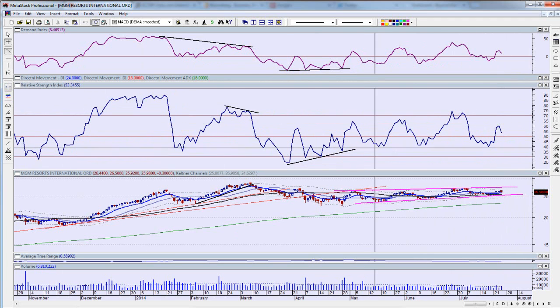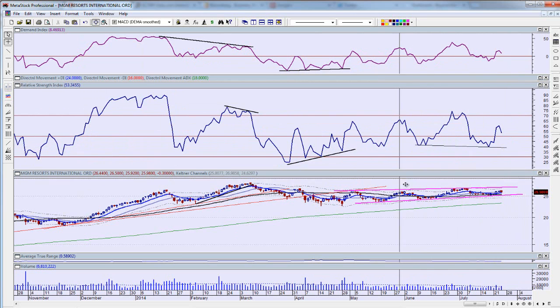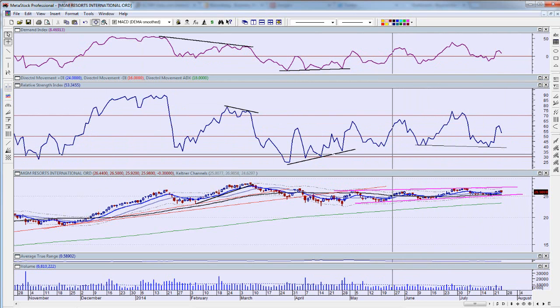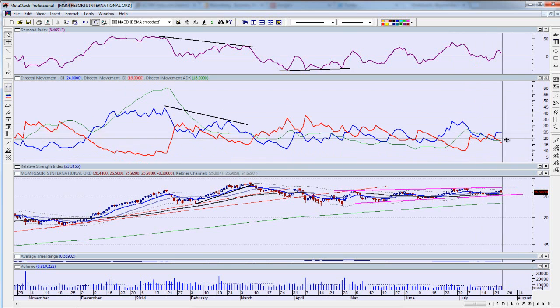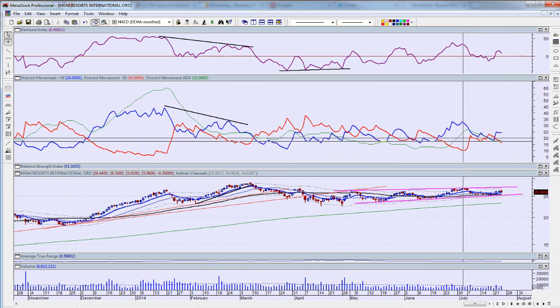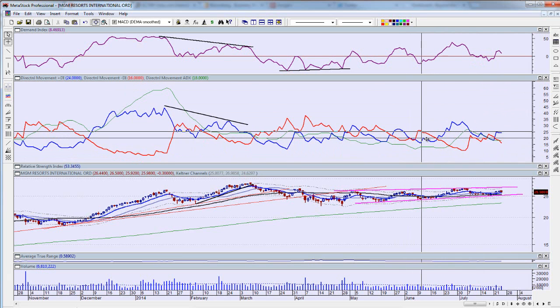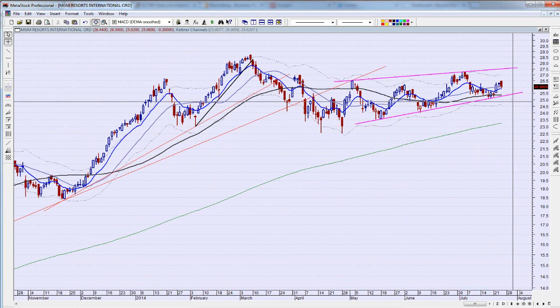A lot of times it'll do that. And if we take a look at the DI, we've got DI plus greater than DI minus, but it's been chopping. Here you had the minus above the plus, then it's alternating. The demand index is positive, so that's a positive.